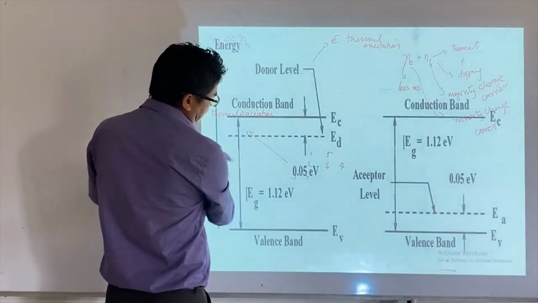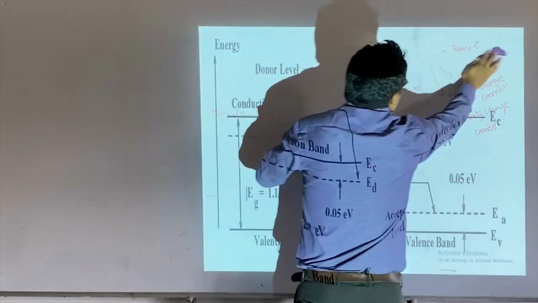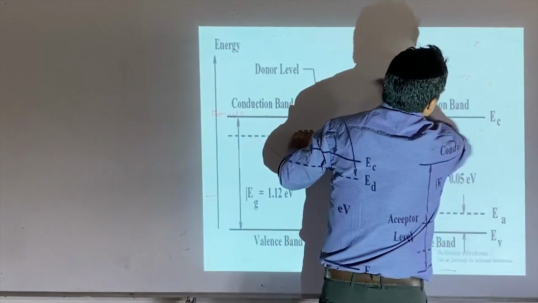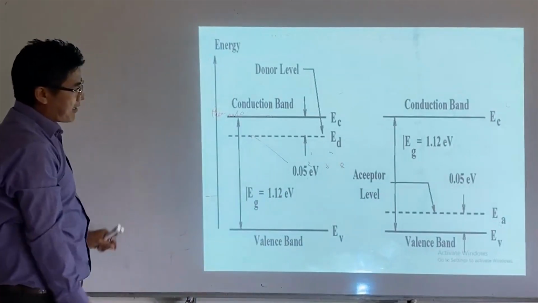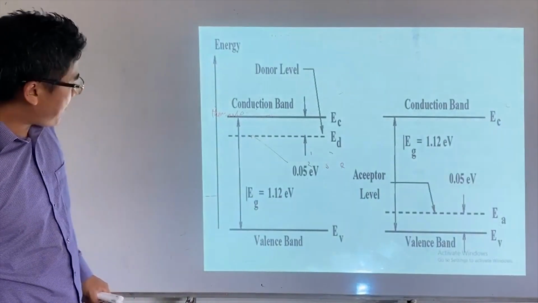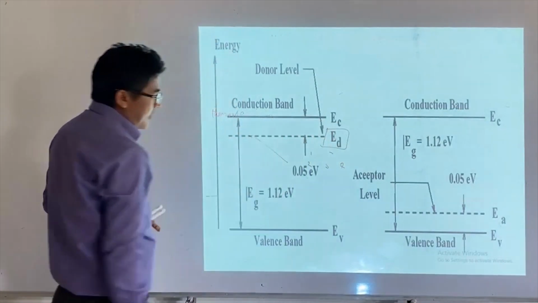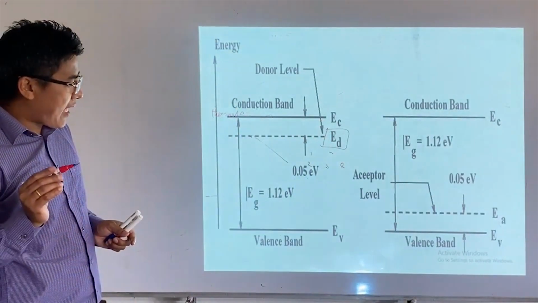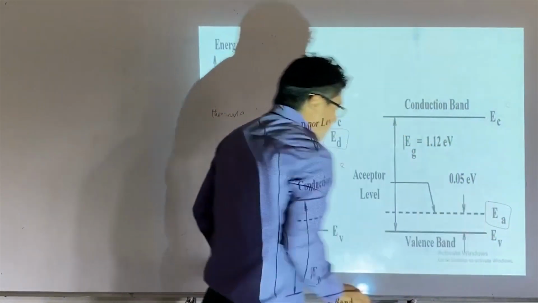One more diagram. This is for both p-type semiconductor and n-type semiconductor. The n-type semiconductor creates a donor energy level, and the p-type semiconductor creates an acceptor energy level.